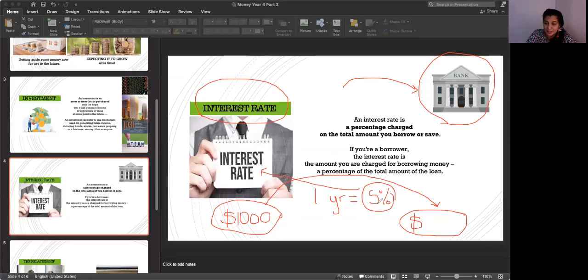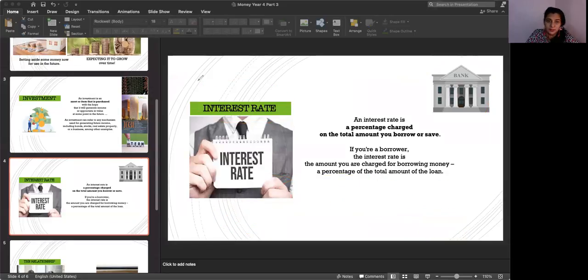It means this is the rate that the bank would pay you, calculated on the 1,000 that you put in the bank, and this is calculated as your interest amount. Now, how do we calculate this? It's very simple. The amount of money that you're going to put in is called the principal.